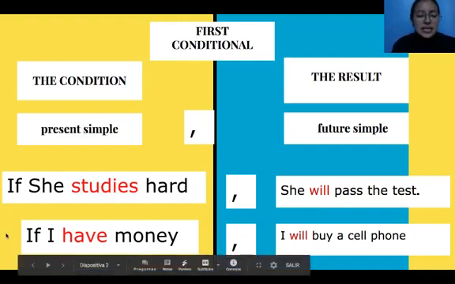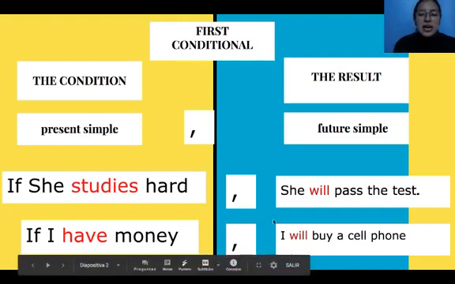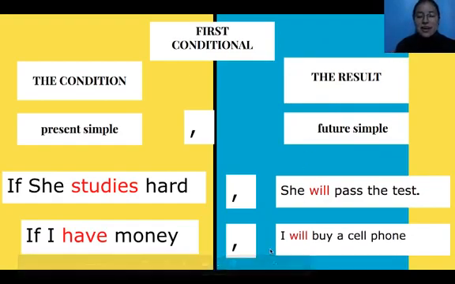In this case, in the condition, in the first conditional, you have to use present simple. If I have money, comma, and in the result you have to use future simple. I will buy a cell phone, okay?